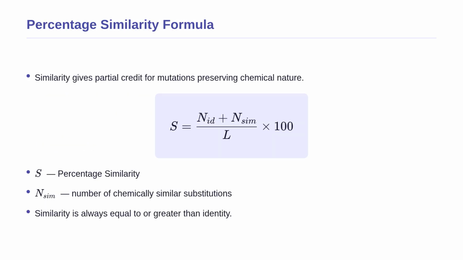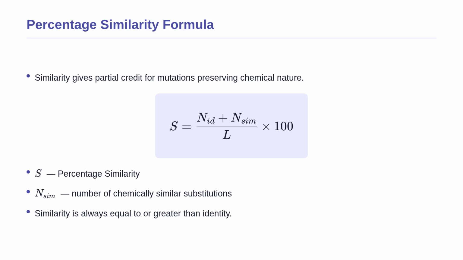Having calculated identity, we can now expand our math to calculate percentage similarity. This formula conceptually builds on the previous one by giving partial credit for mutations that preserve the chemical nature of the molecule. S represents the percentage similarity.